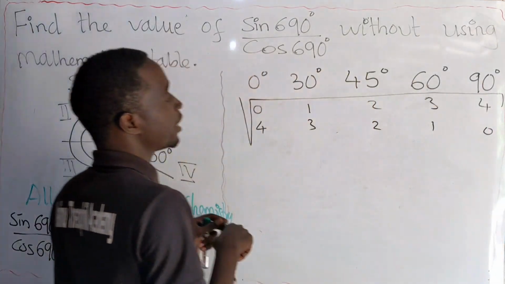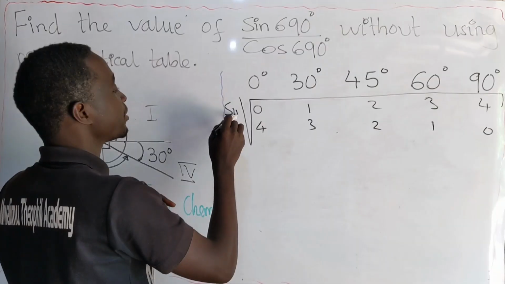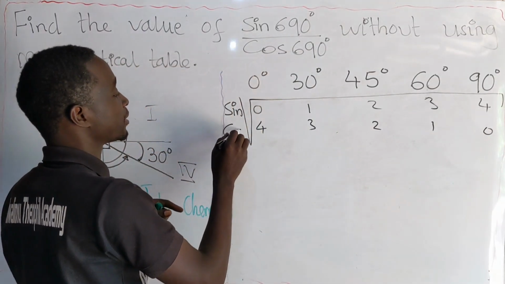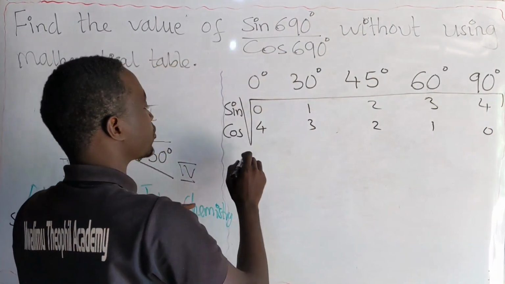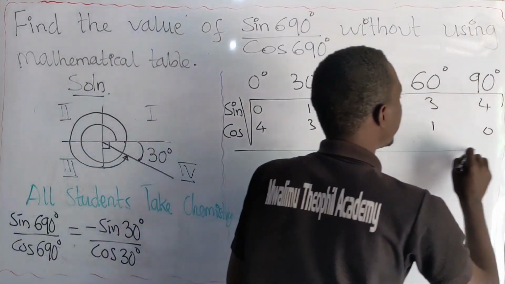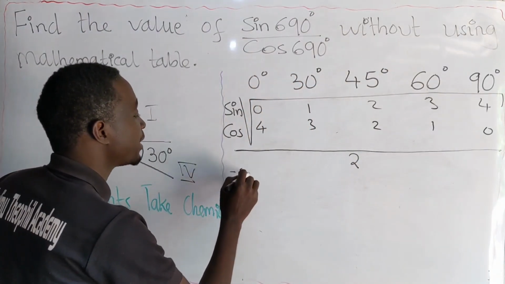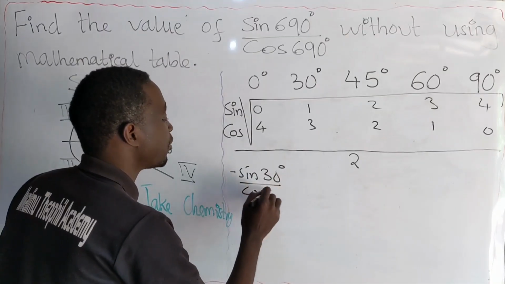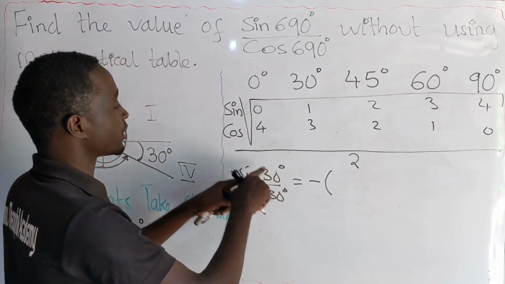Covering all. And then at the top, the first row corresponds to sine of an angle, and the second row corresponds to cosine. After that, the whole value from the square root is divided by 2 this way. So negative sine of 30 degrees divided by cosine of 30 degrees will be equal to negative sine of 30 degrees.